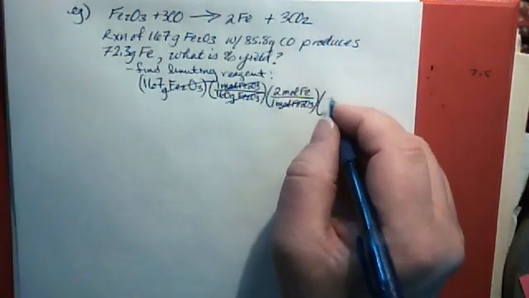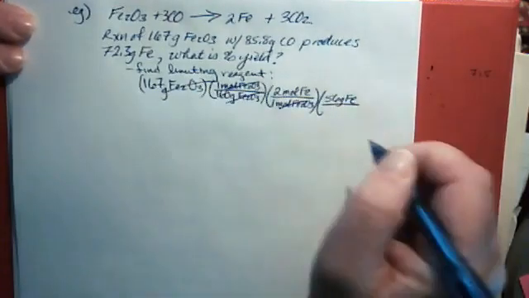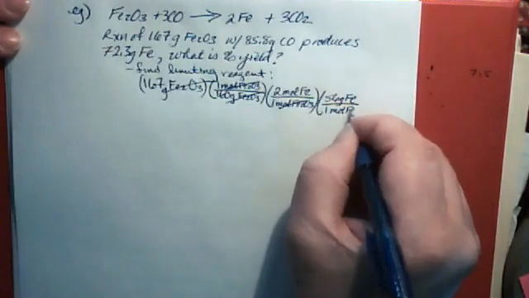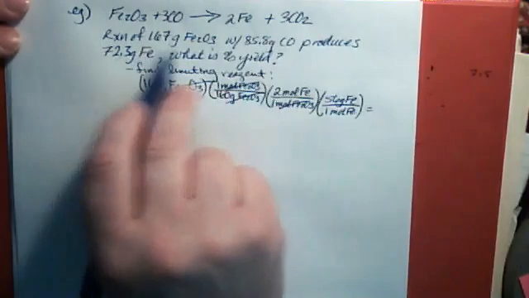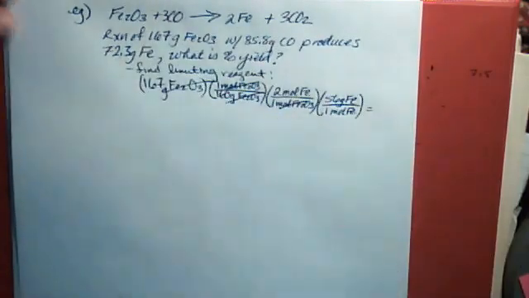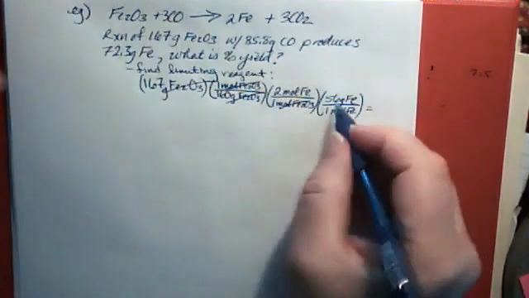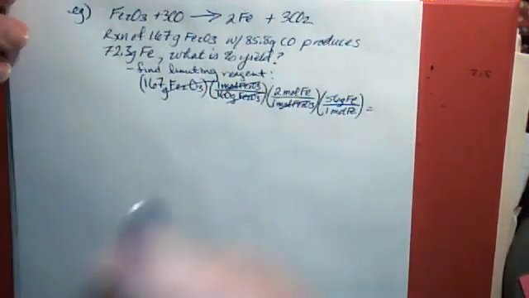I'm going to round it off to 56 grams of iron for every mole of iron. The masses we're being given here in the problem aren't really accurate enough to justify using all of the decimal places in the periodic table molar masses. So I'll round that 55.85 off to 56.